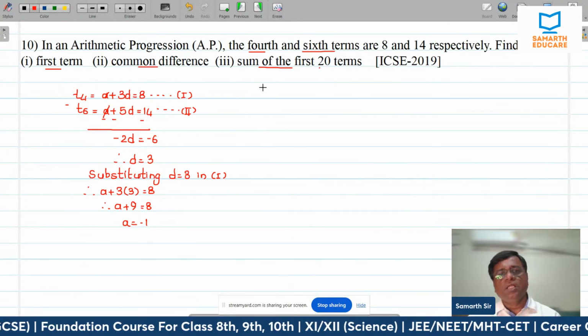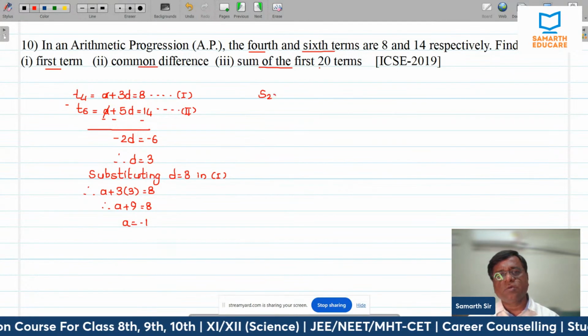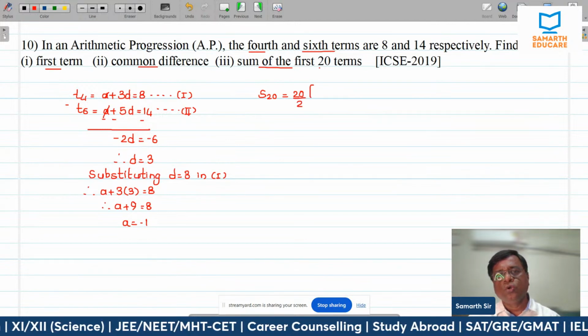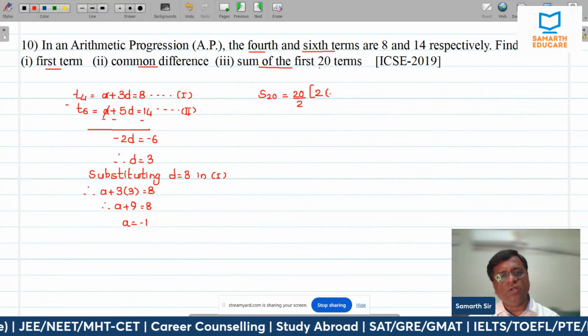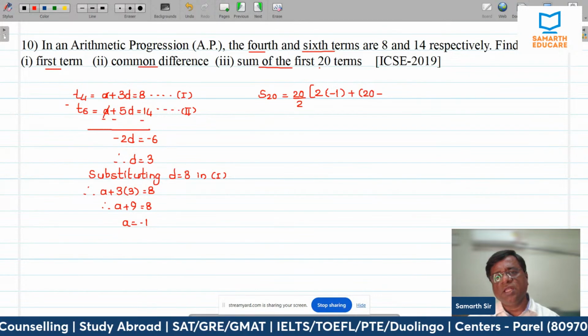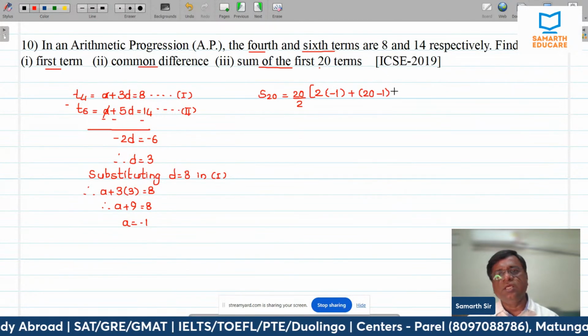All right. Then he's asking for the sum of 20 terms. Sum of 20 terms is n by 2, that is 20 by 2, into 2 into A, where A is minus 1, plus n minus 1, that is 20 minus 1, into D, which is 3.